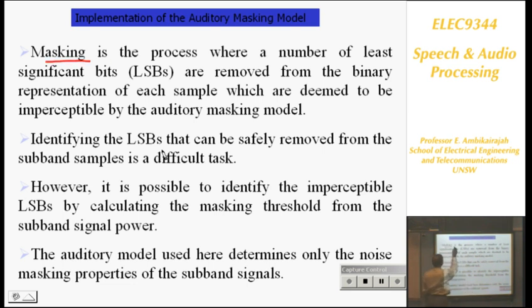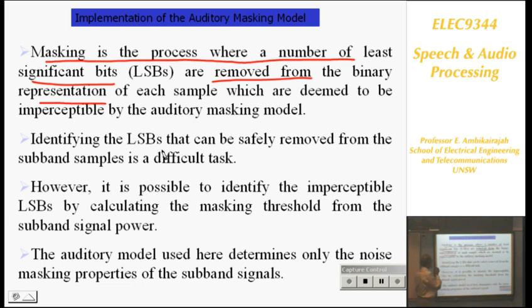Masking is the process where a number of least significant bits are removed from the binary representation. That means all you're saying is that's your positive amplitude, and the masking level says that's where the level is, so you can remove these bits. Identifying the least significant bits that can safely be removed from the subband sample is a difficult task.